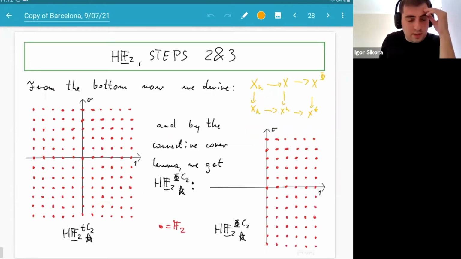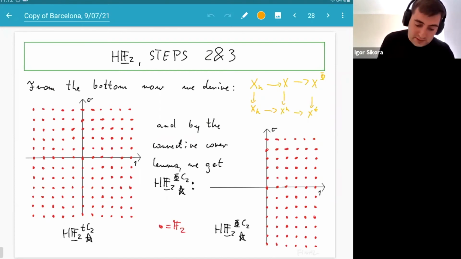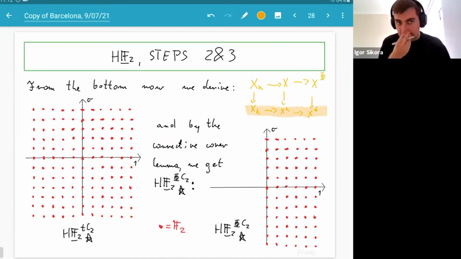So now we will derive the coefficients of the Tate spectrum. We can do it in a twofold way. First, you can derive it from the bottom row of the Tate diagram.